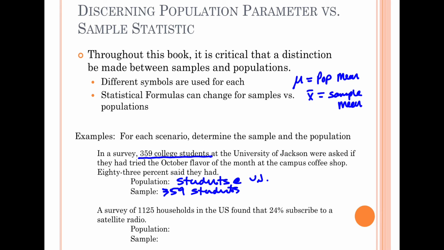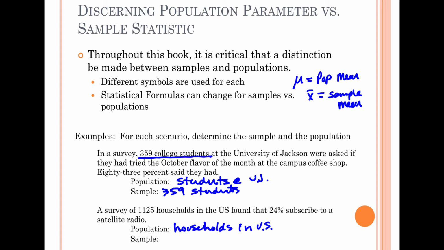In our second example, a survey of 1,125 households in the U.S. found that 24% subscribed to satellite radio. So what is our population in this case? The population here would be households in the U.S. They did say households, right?